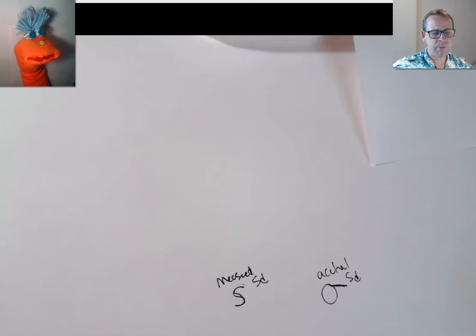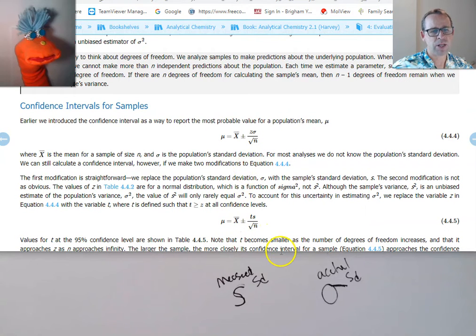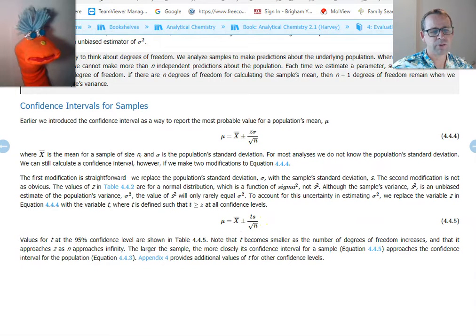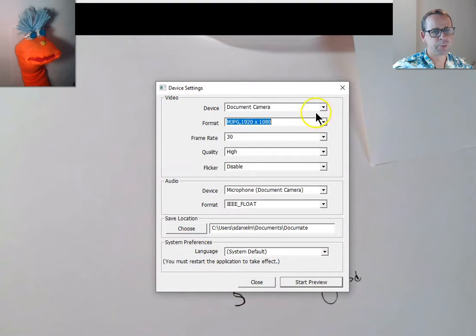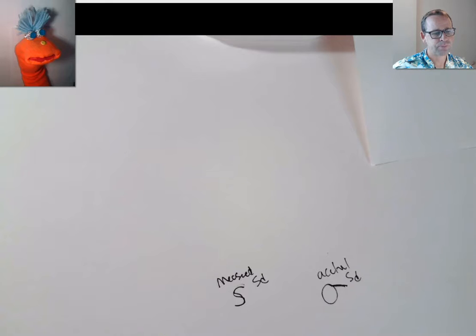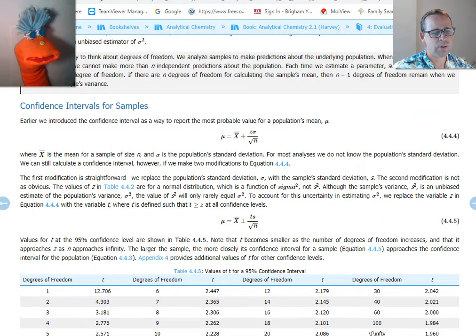So if we're going to make confidence intervals that don't have the actual standard deviation in them, then we have a fudge factor basically, which is our t, this t value here.